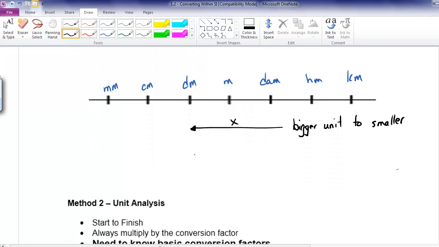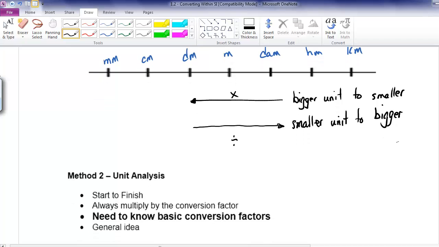When we go from the left to right, we're going to be going from a smaller unit to bigger. And as we bounce along the number line, we're going in the opposite direction, so we're going to do the inverse operation, and we're going to divide, again, just by powers of 10. So that's what I mean by bouncing along a unit line.